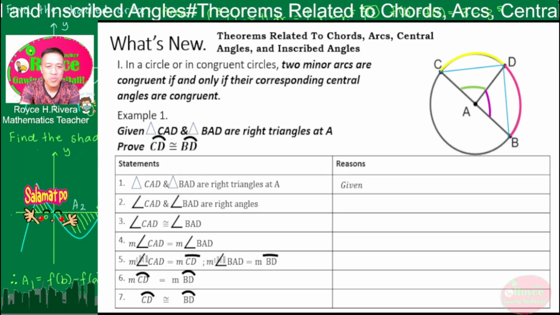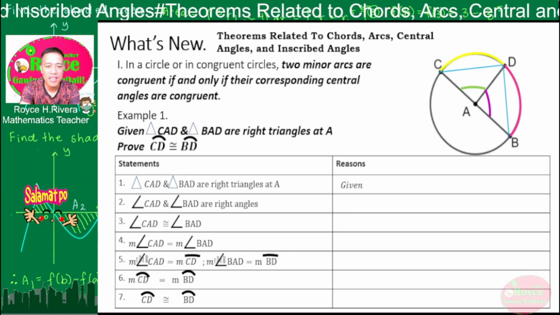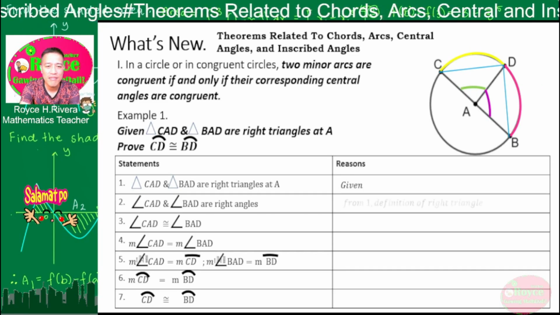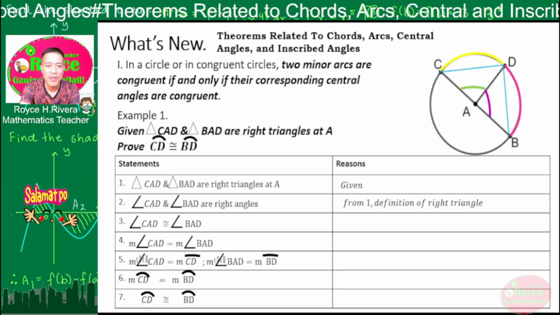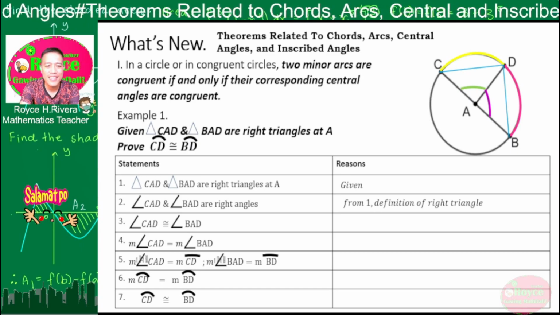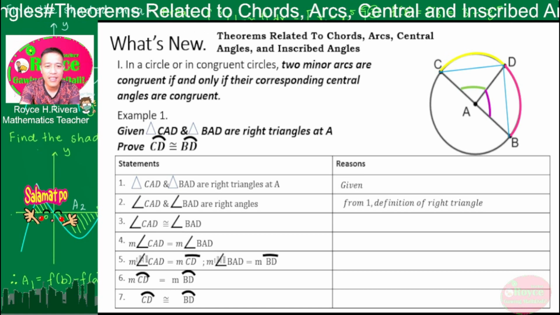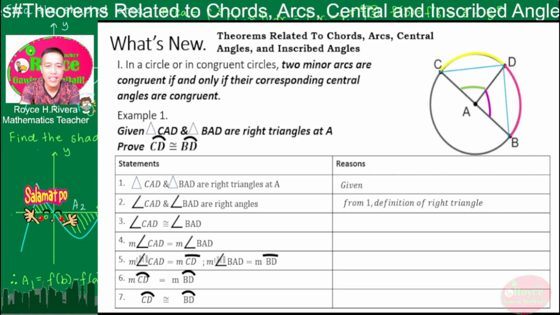Statement number 2. Angle CAD and angle BAD are right angles. For the reason, from statement number 1, definition of right triangle. Number 3, statement. Angle CAD is congruent to angle BAD.